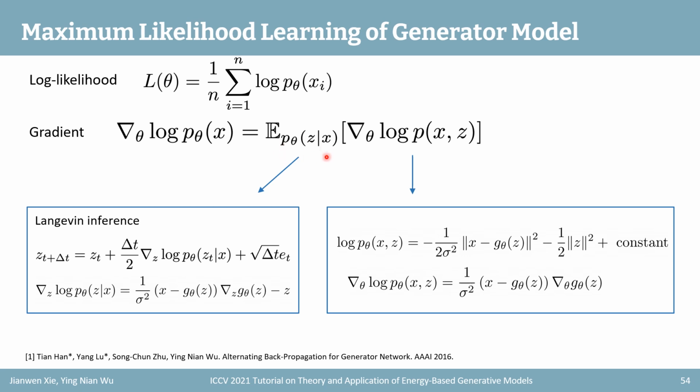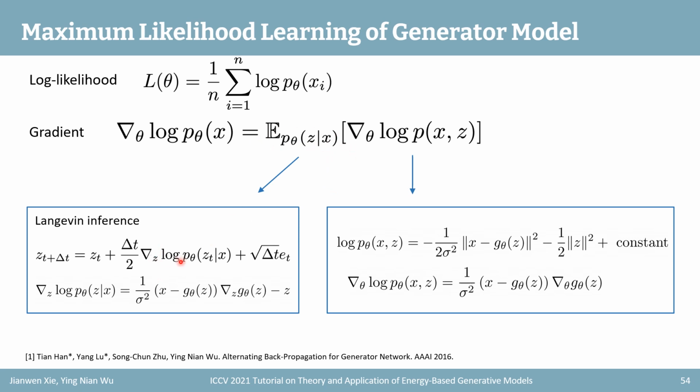And this can be accomplished by, again, Langevin dynamics, where you have this gradient ascent step. That is, you compute the gradient of this log posterior with respect to z, and then you add this Brownian motion or a diffusion term. Okay, so after a number of steps, you draw samples from this posterior distribution.